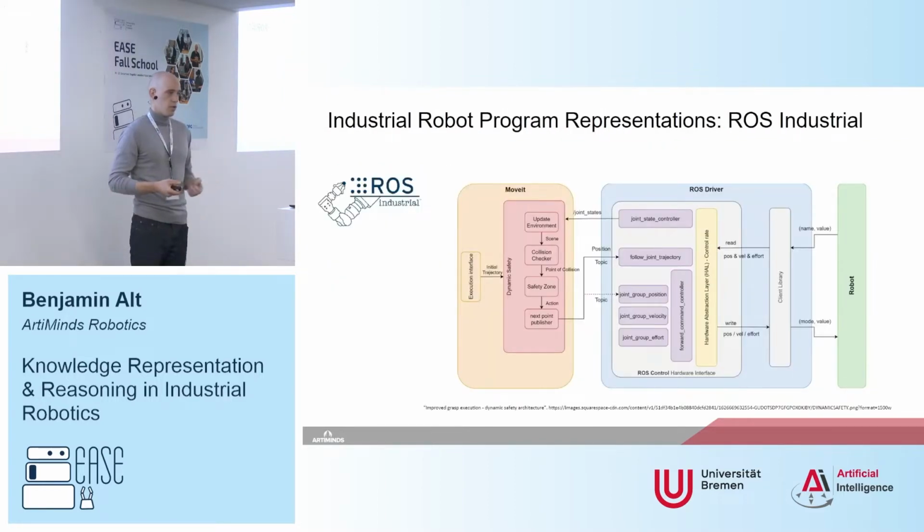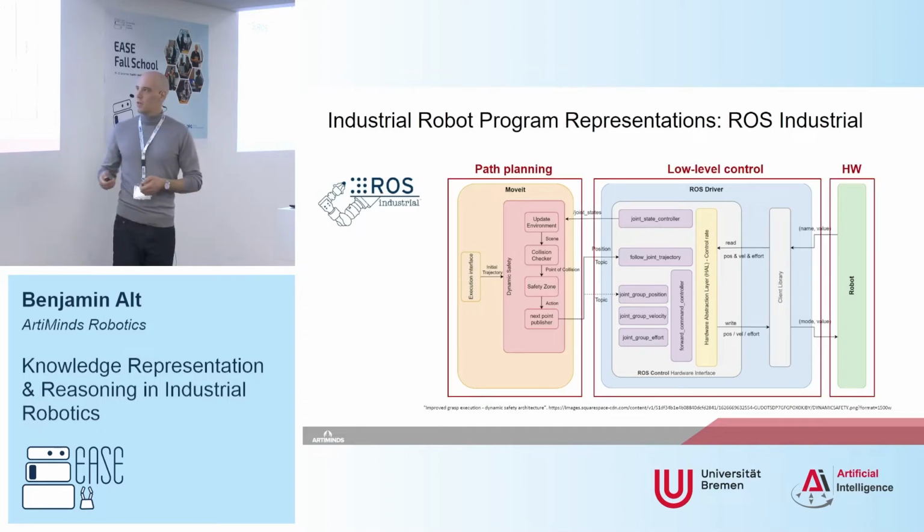Now, ROS Industrial came along, and ROS Industrial is awesome because it is much more modular and much more flexible. You can make very complex architectures built around ROS Industrial. The typical pattern is that you often have path planning at the highest level, then low-level control, and then you go directly to the hardware.